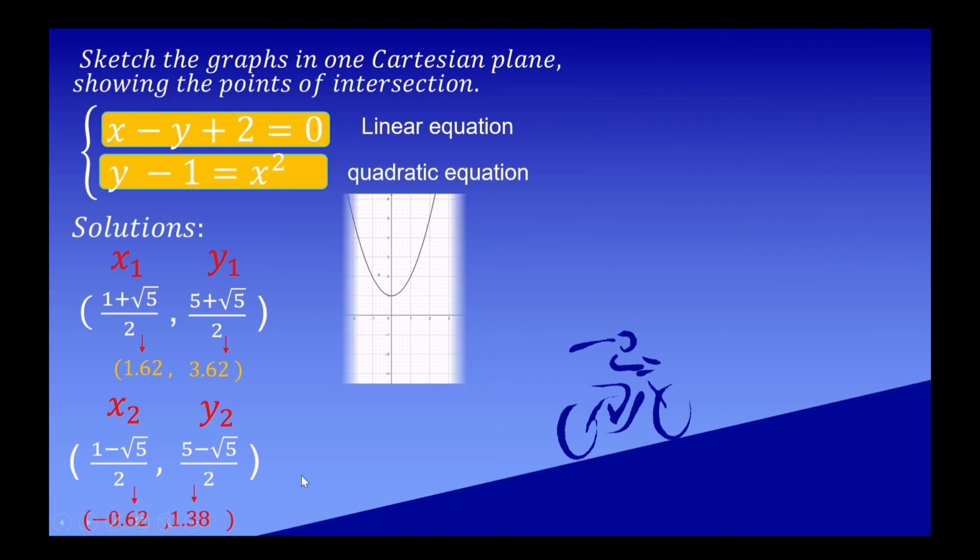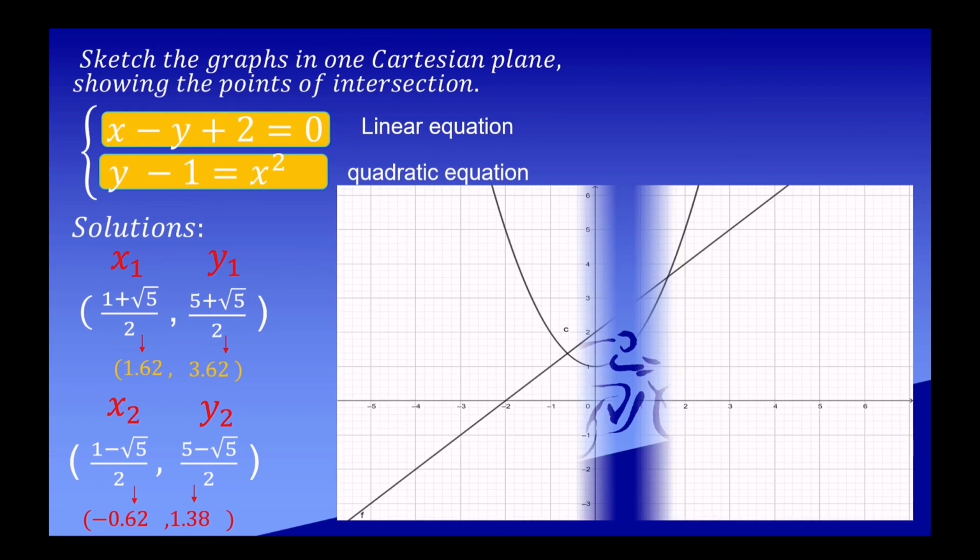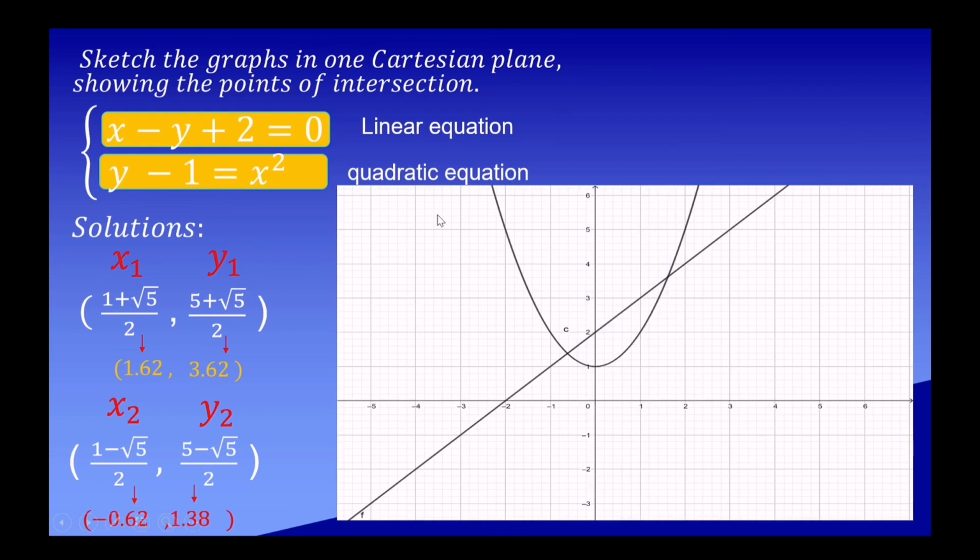To graph these points of intersection, let's sketch the two graphs in one Cartesian plane. We have here the linear equation x minus y plus 2 is equal to 0, our graph from earlier, and the quadratic equation represented by the parabola, y minus 1 is equal to x squared.